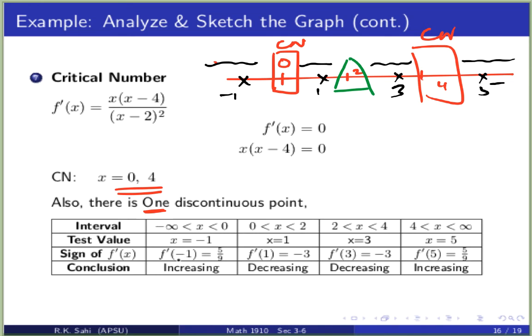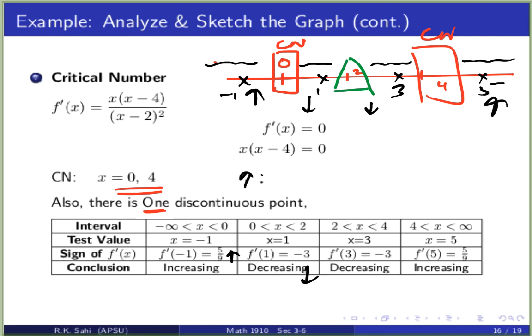When we evaluate at minus 1, it is a positive number, so the function is increasing. At 1, between 0 and 2, it is decreasing. Between 2 and 4, it is negative 3, again decreasing. And at 5, in the interval 4 to infinity, it is increasing.